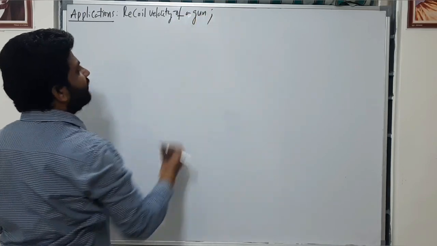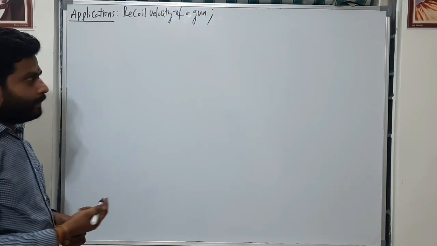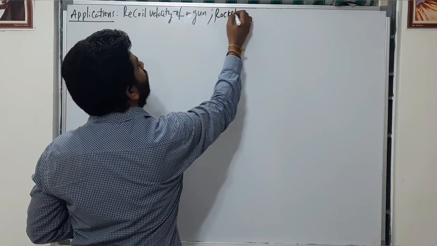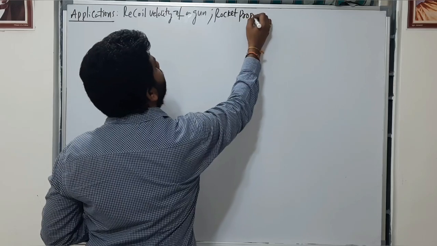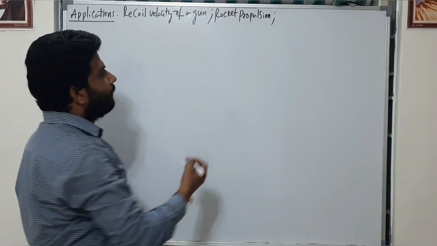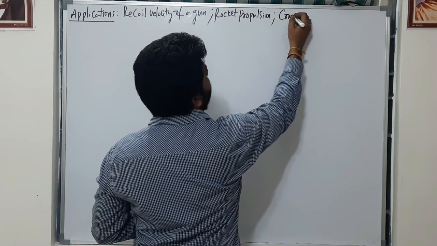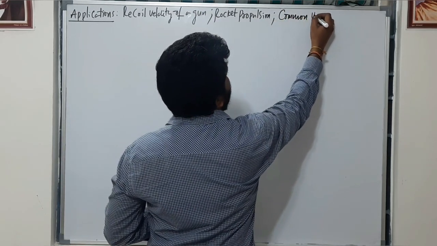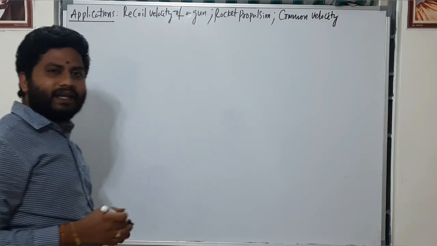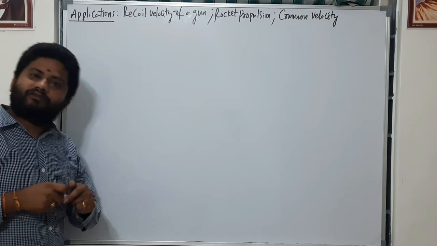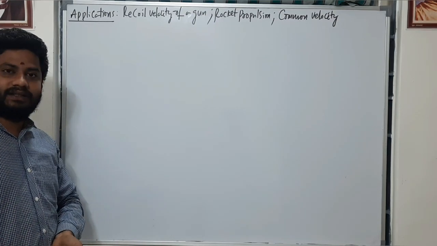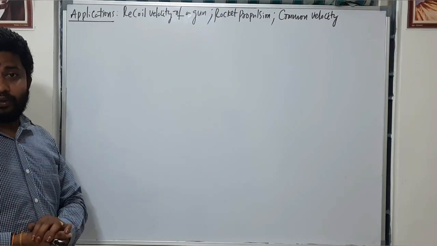That's the first application we will be doing. Number two, rocket propulsion. And number three, common velocity. From these three applications, most of the time there were questions in the NEET exam, JEE exam, and CET exam. That's the reason these three applications are important, right?